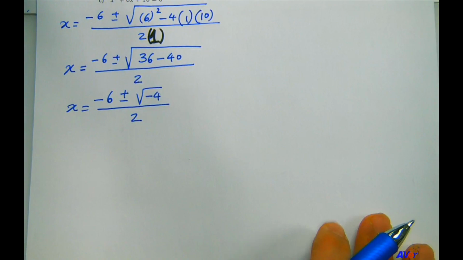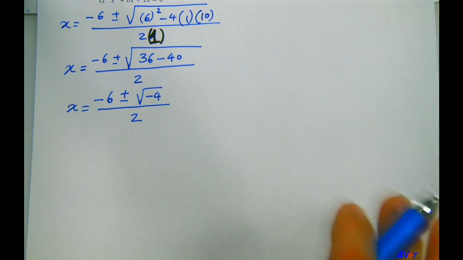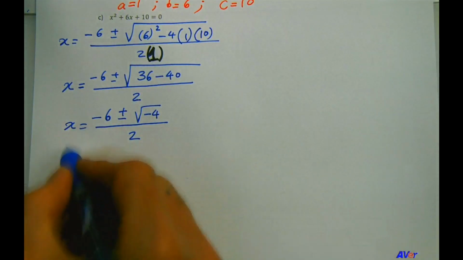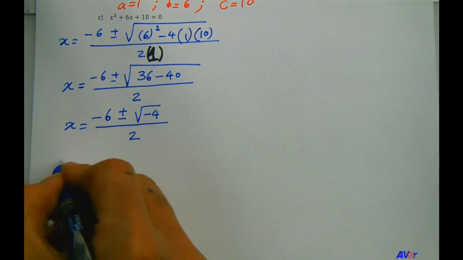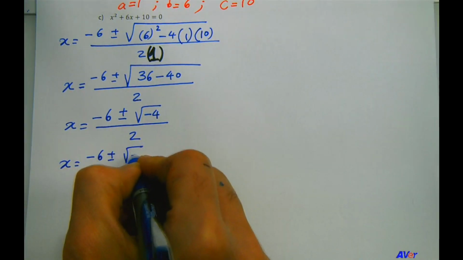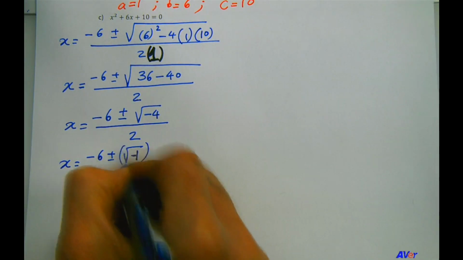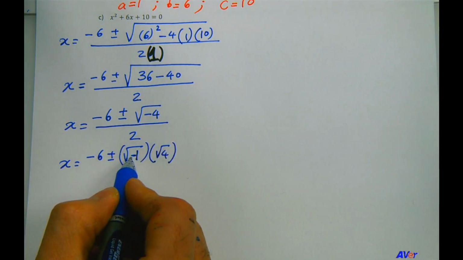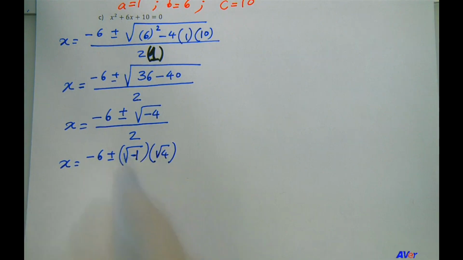Right? So then we have like that. So that is, we can rewrite that as plus or minus square root of negative 1 times square root of 4. We know square root of negative 1 is equal to i. Right? We learned that on that first page.